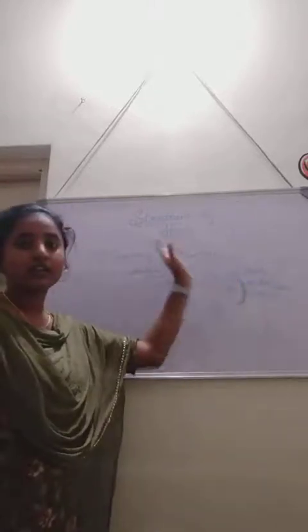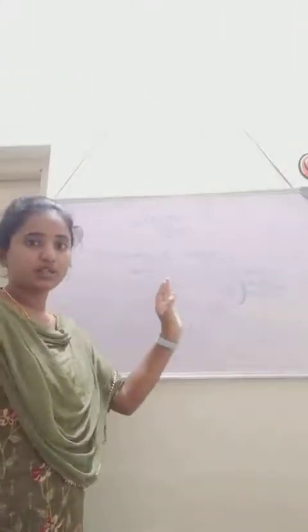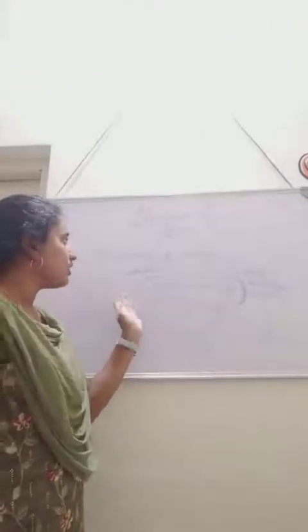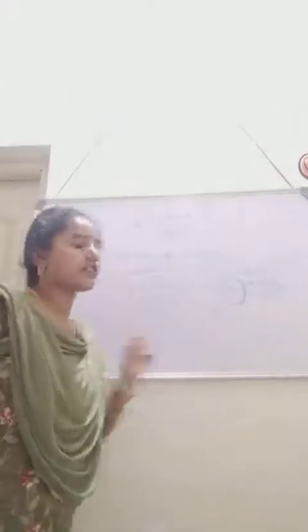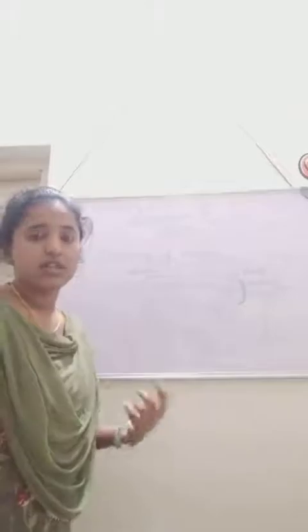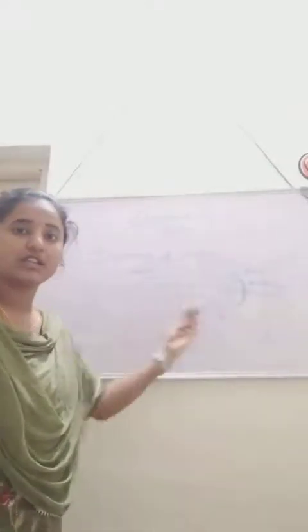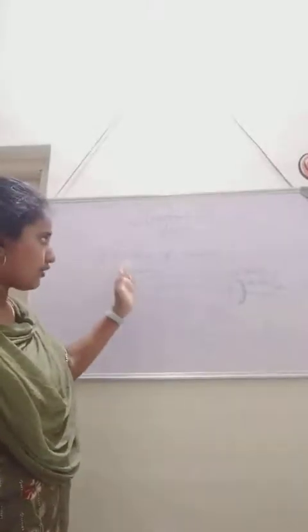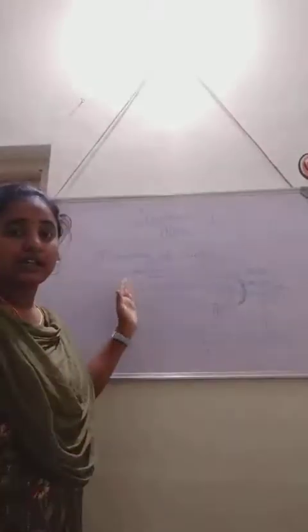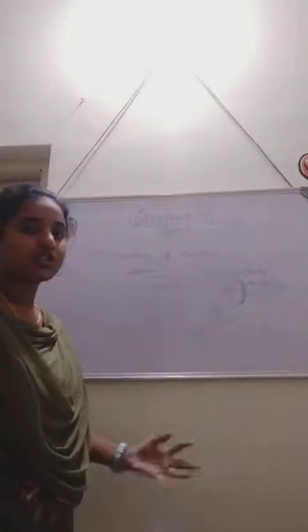Because of that, he observed that some particles are moving from the cathode to anode. If anything is getting attracted to the positive charge, it means the charges are negative. Only negative charges will get attracted towards the positive. Cathode is a negative terminal, so the charges are repelled by the cathode and move towards the anode.